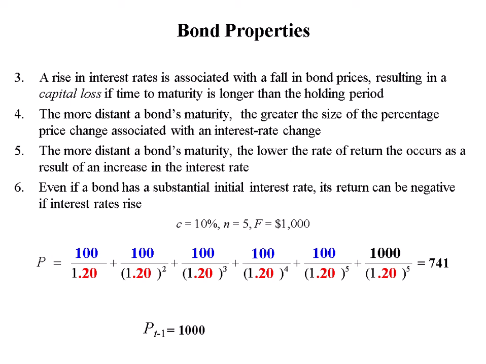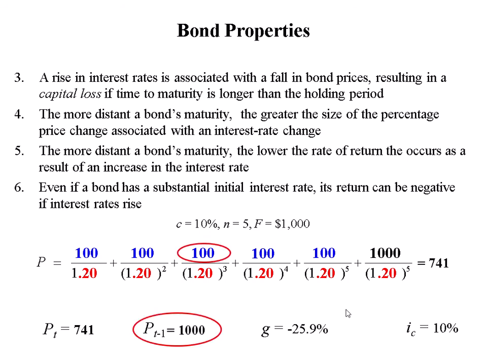The price of that bond is $741. So this is what we paid in the past, right? Suppose we paid $1,000 in the past when the current yield was 10%. And interest rates rise to 20%, and we want to sell it today. Well, if we sold it today, the price would only be $741. So the capital gain would actually be a capital loss of negative 25.9%.